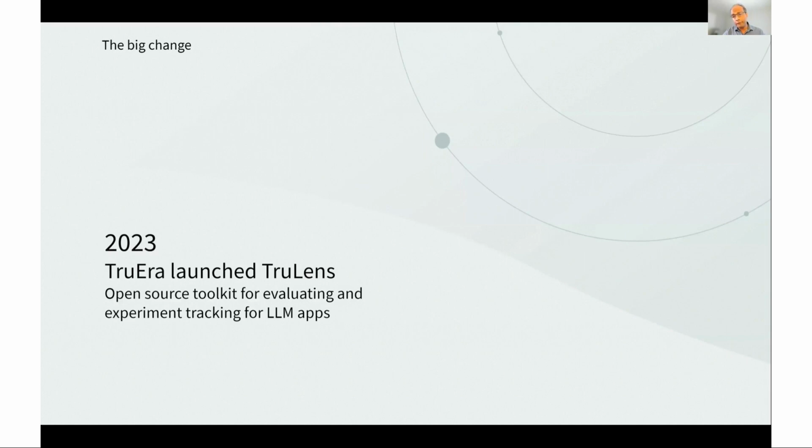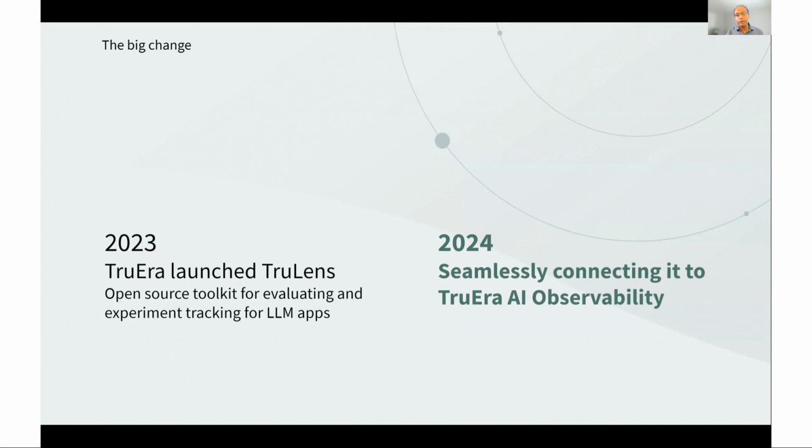In 2024, the attention has now started shifting from experimentation and prototyping to productionization. And so we launched a very significant upgrade to our AI observability offering that supports evaluation and monitoring at scale.